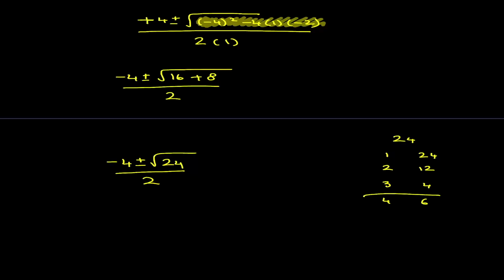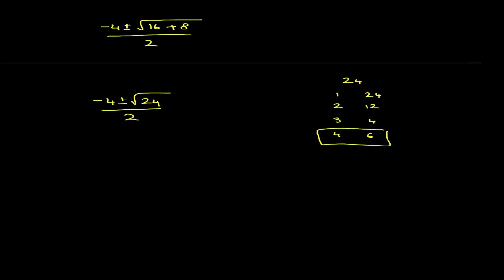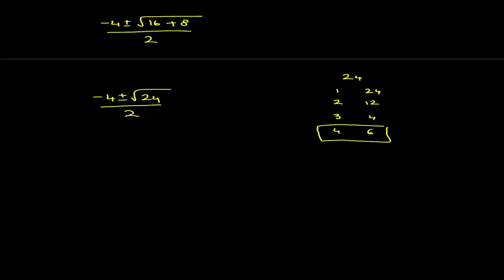And we're going to choose 4 and 6, because 4 is a square number, so we could square root it. So instead of writing 24, we're going to write that as 4 times 6, and I'll explain why. So we've got negative 4 plus or minus, and instead of writing 24, we're going to say that is 4 times 6, all over 2.